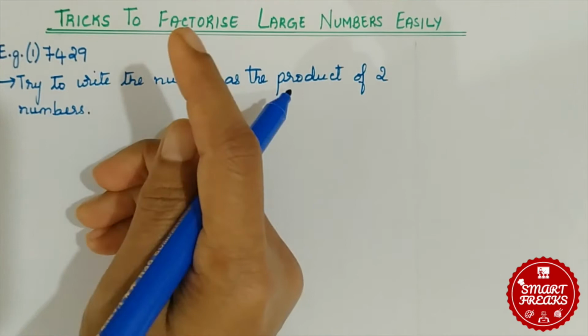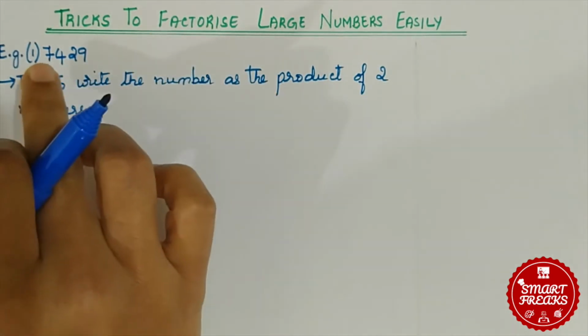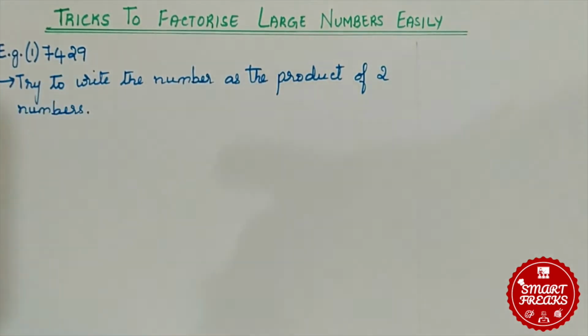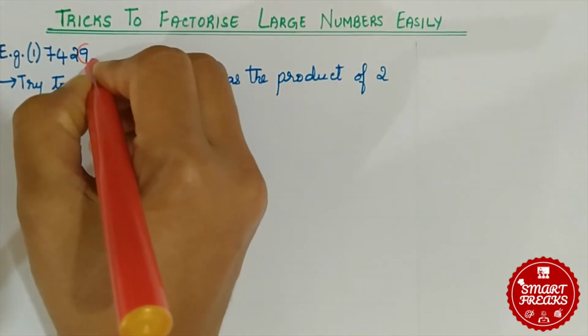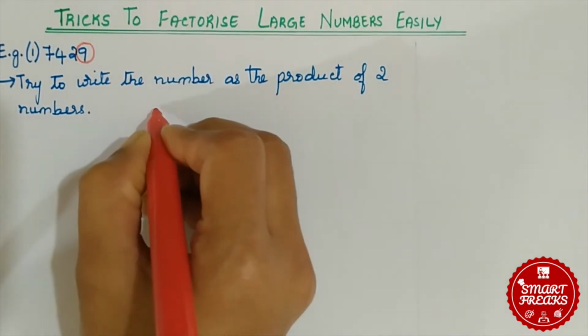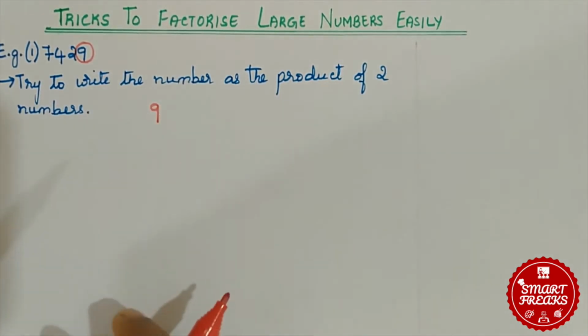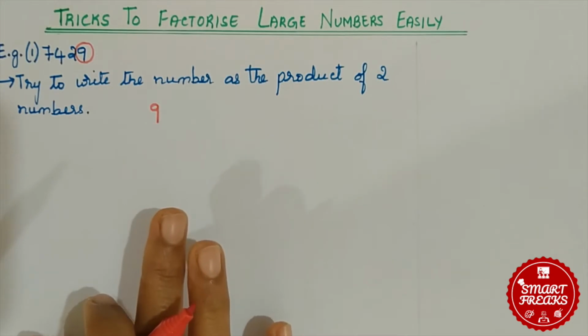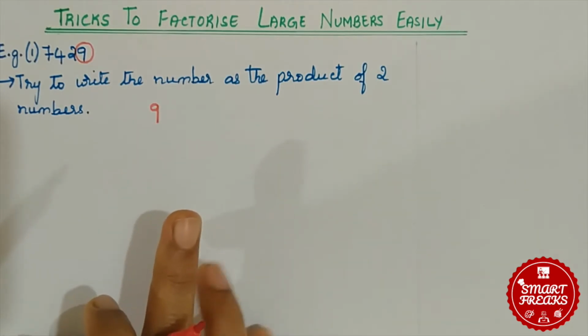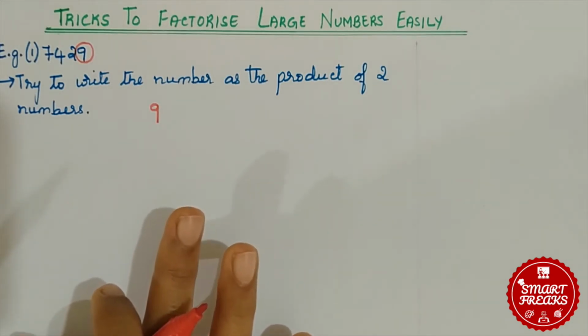For this, check the units place of the given number. Here in the units place, we have 9. Now, write two numbers whose product has 9 in its units place.